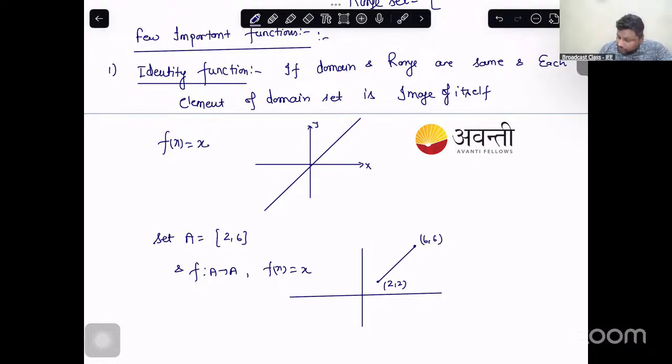This is what we call I_A, and this is what we call the identity function on set A. Understood?